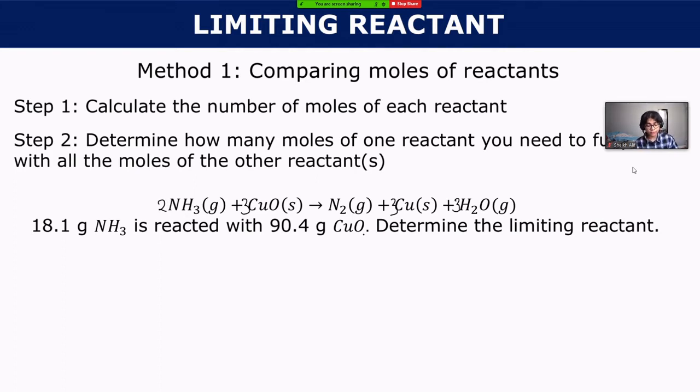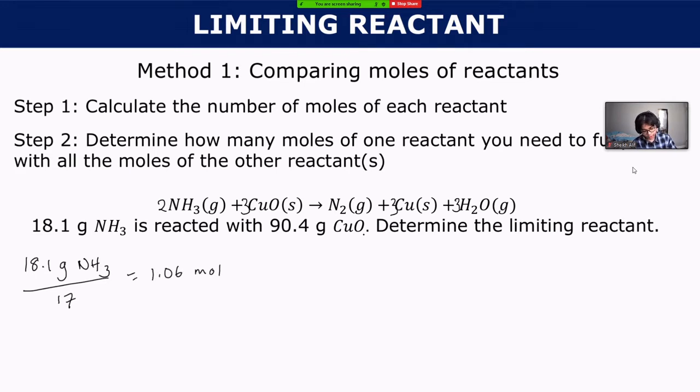Calculate the number of moles of each reactant. We have 18.1 grams of NH3, and the molar mass of NH3 is 17, and that's going to be about 1.06 moles.